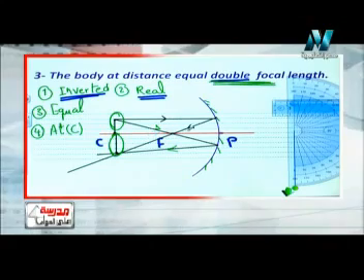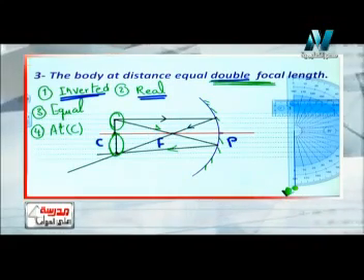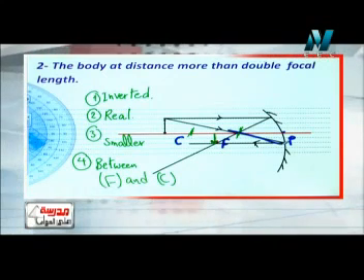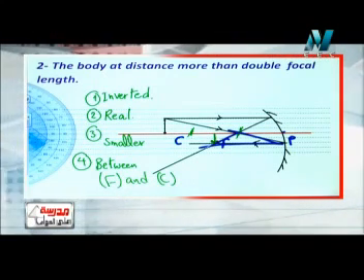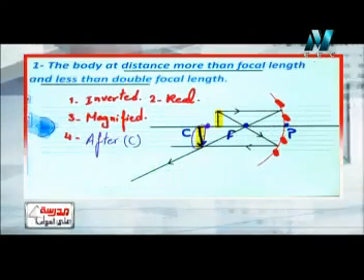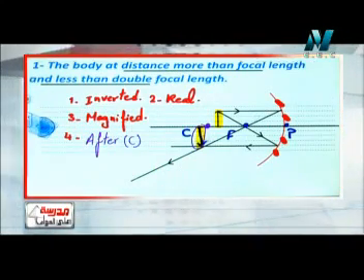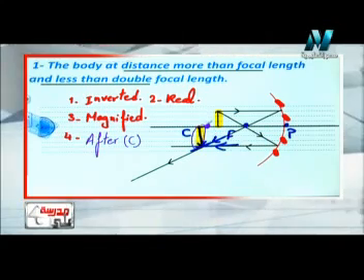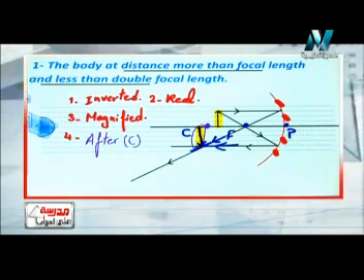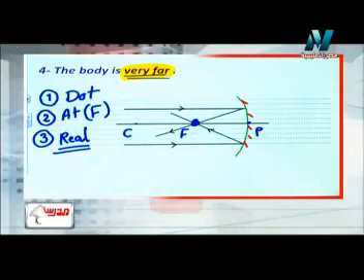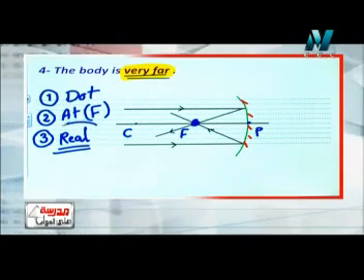Because this image is formed due to what? Intersection of reflected light rays. So the image here is real. So any intersection of reflected light rays, the image is real.